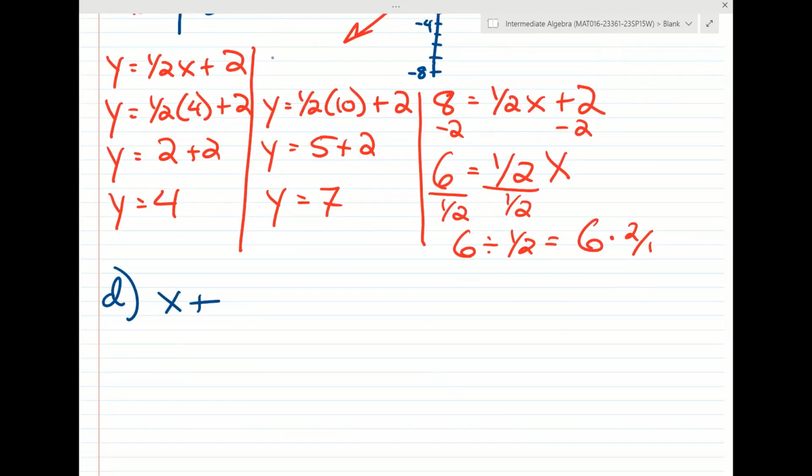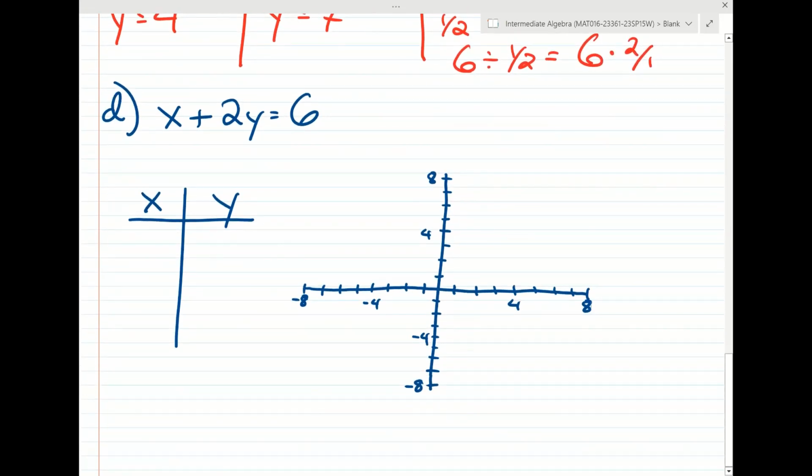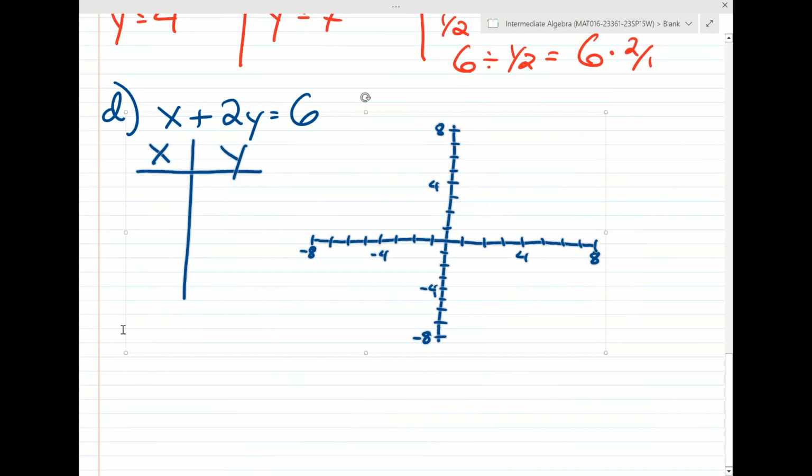Let's let x plus 2y equals 6. Set it up like before. We'll let x be 0, y be 0, and then x will be 12.